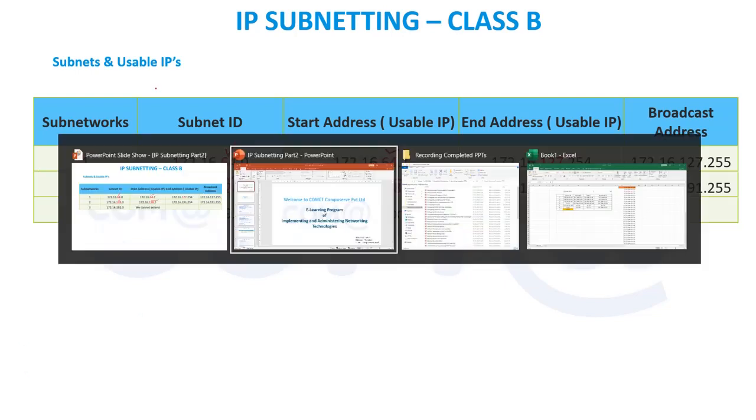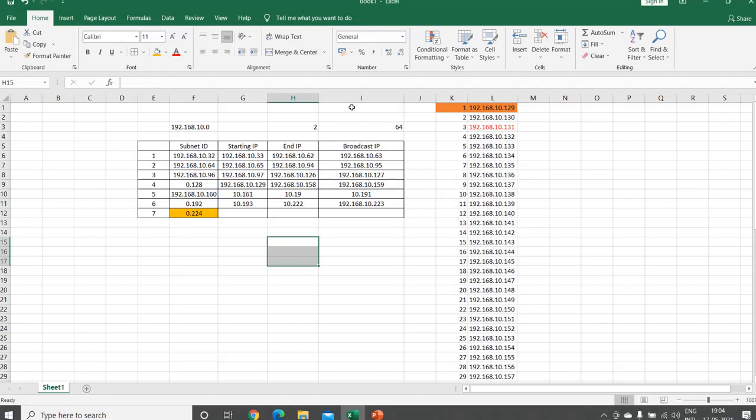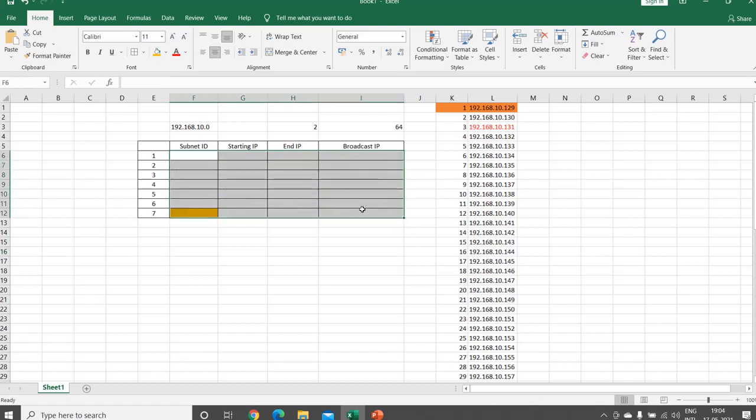So if you take the table, just taking the table, this is a class B address: 172.16.64.0.